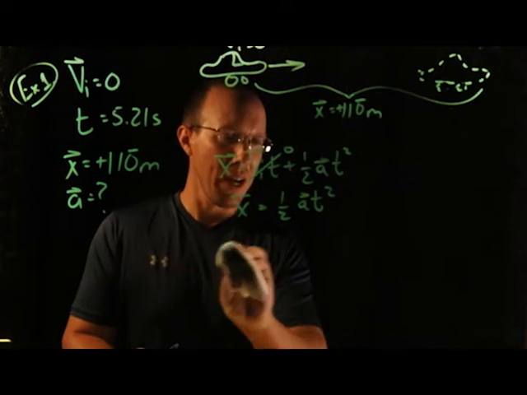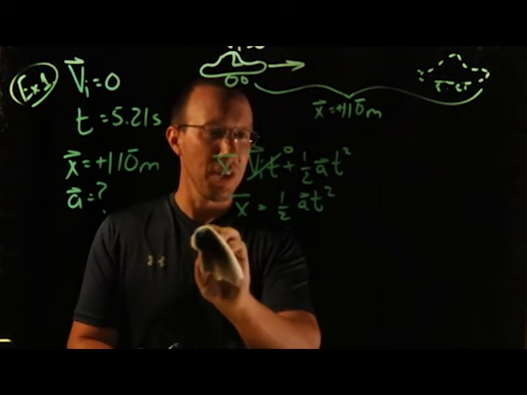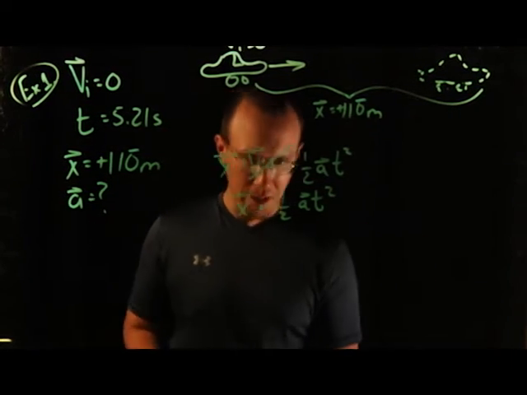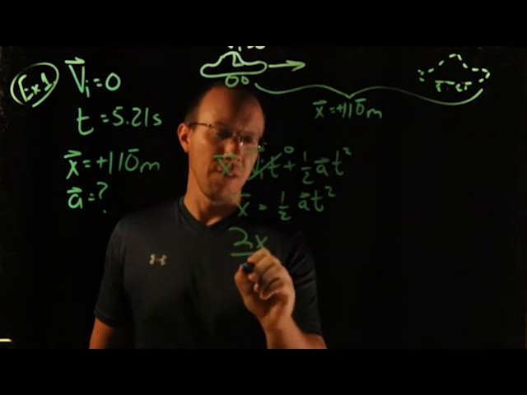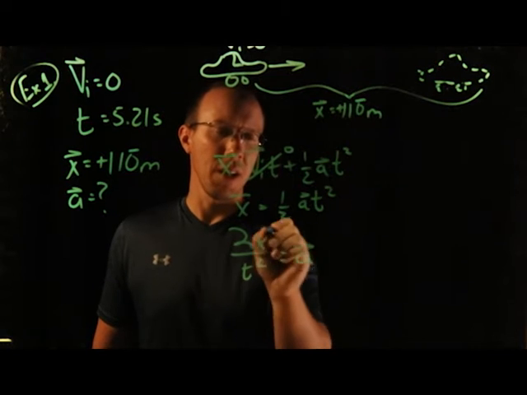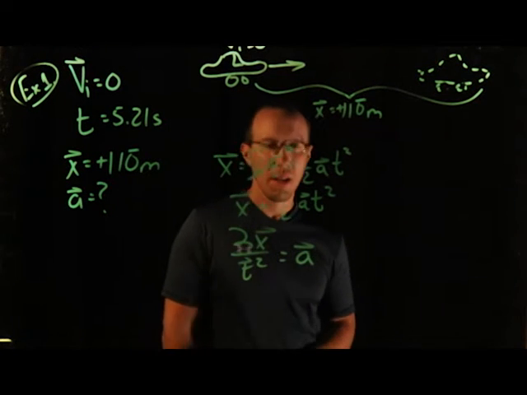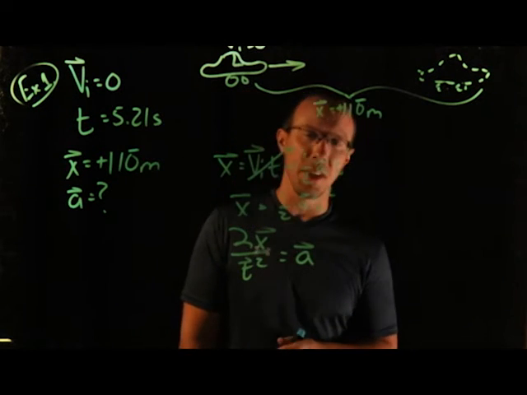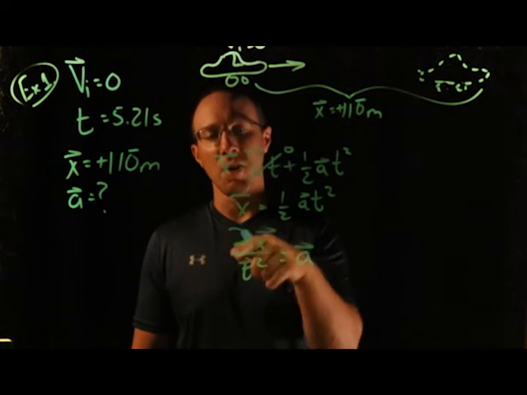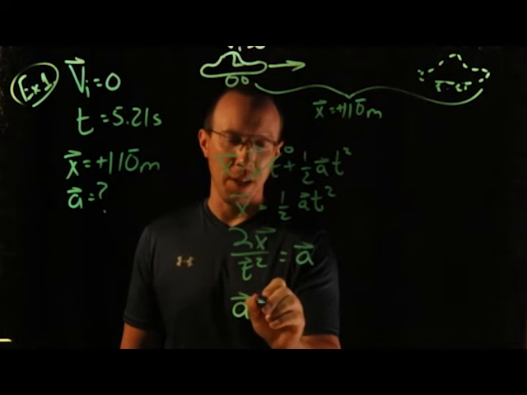I think it just looks bad. People tend to mess up over the years. So it would be 2x divided by t squared equals a. Now in class I would never do that, okay? I would never have that a over on the right hand side. But leave it there, solve for it, and then you could always flip it if you want.